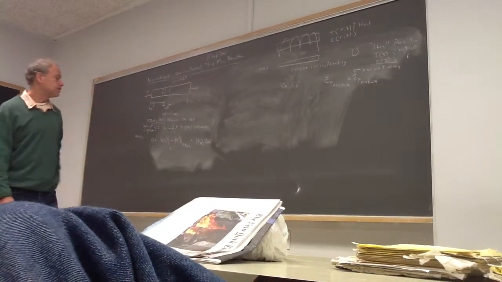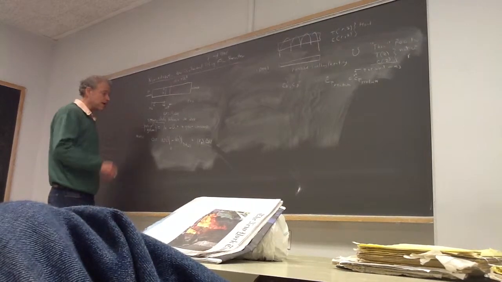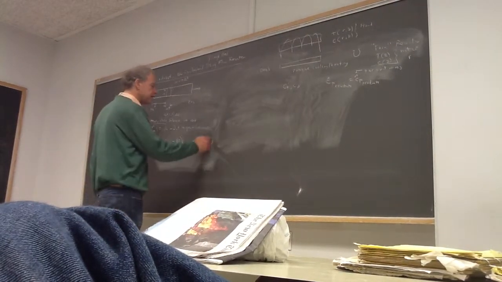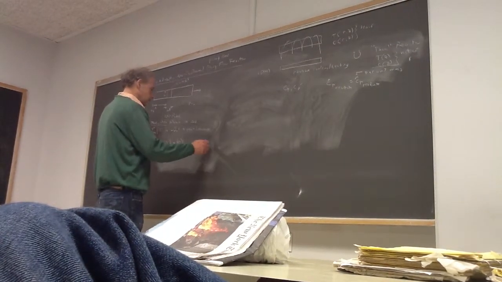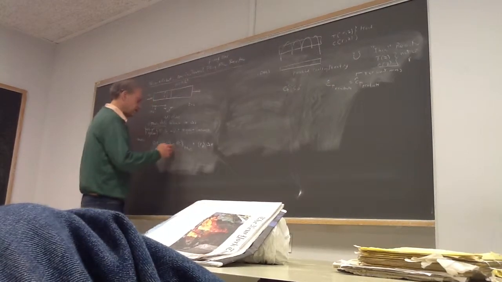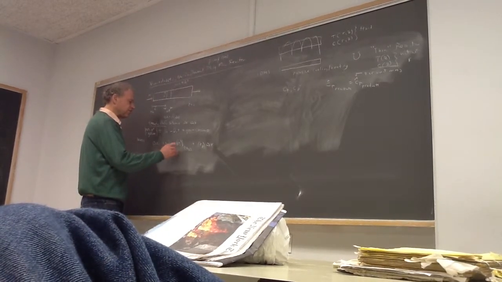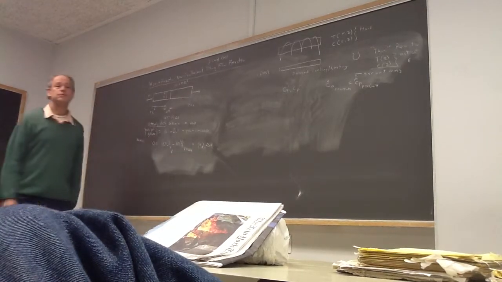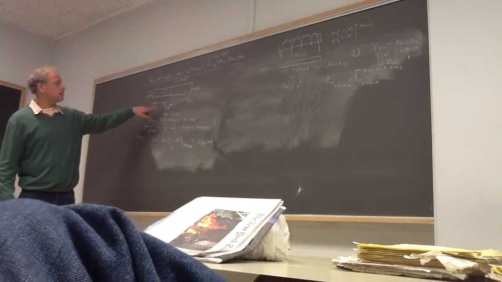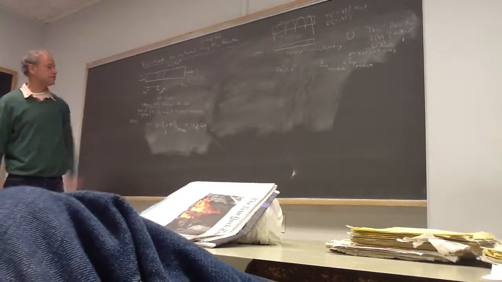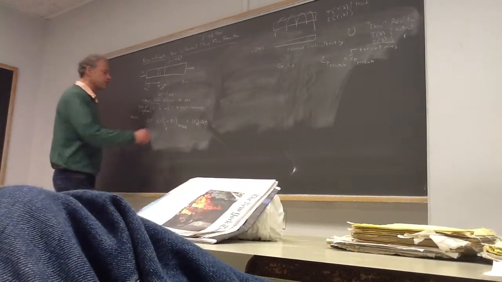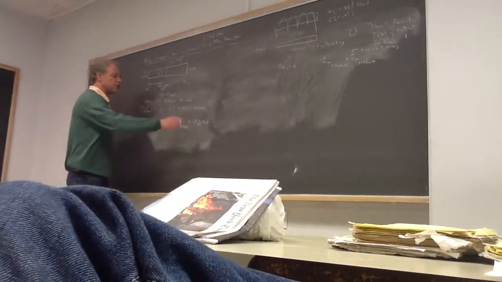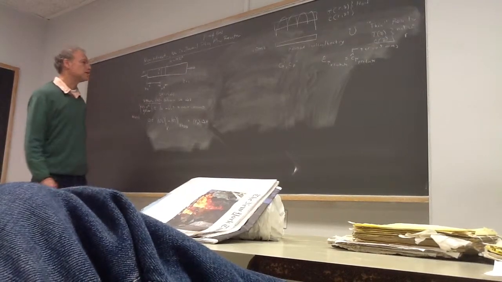Times delta V. So I can rearrange this, and I can make this at V and V plus delta V, where V is Z times A. Now I bring these two to the other side, divide by delta V, and what do I get?